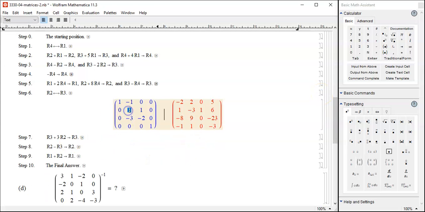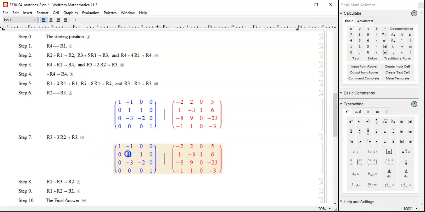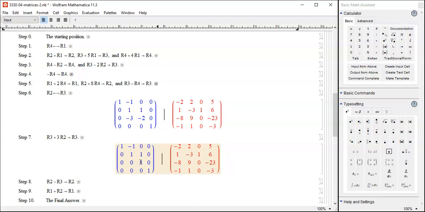Alright. Let's remove this one. Make this one 0. So multiply by 3 and then add them up. That'll kill this one off. So multiply by 3 and then add them up. That's going to make this one 0. Multiply by 3 and add them up. 3 minus 2, that'll make this one into 1.